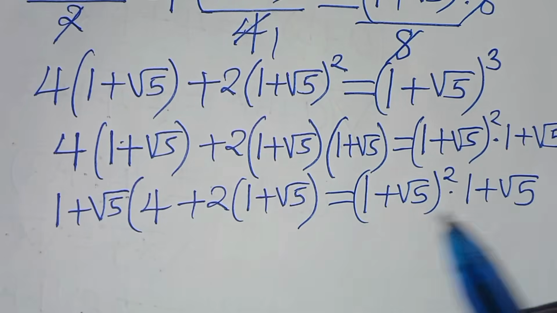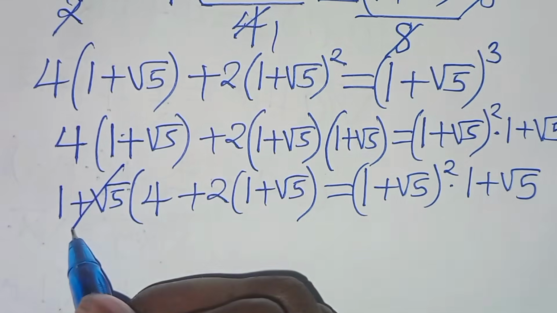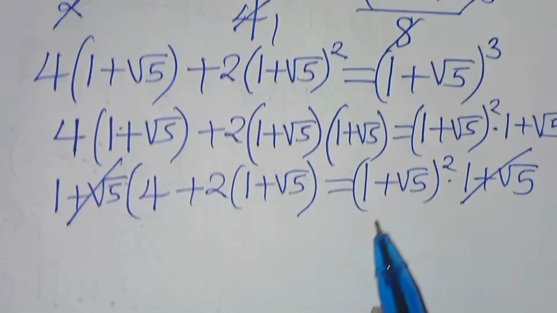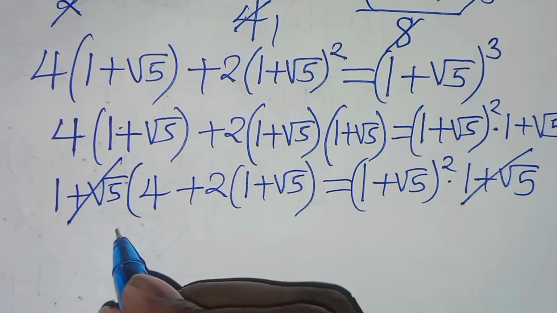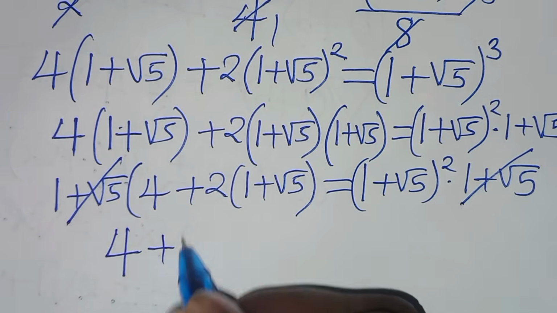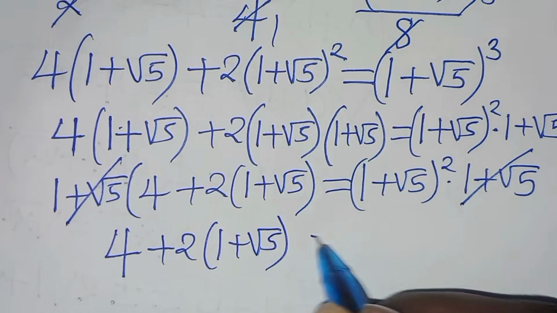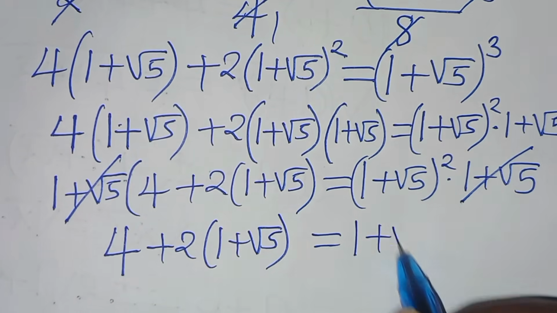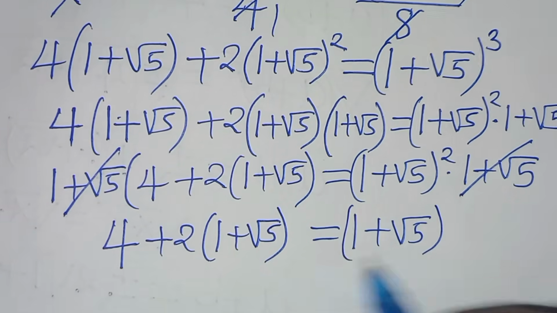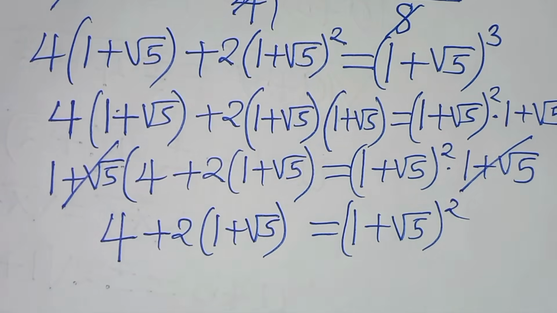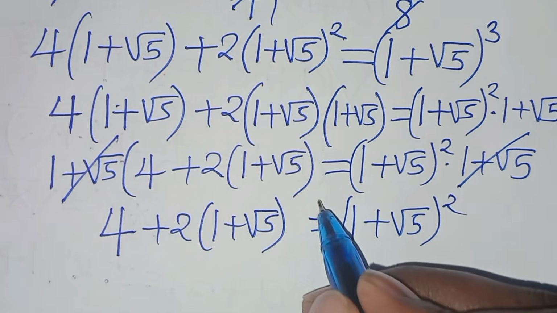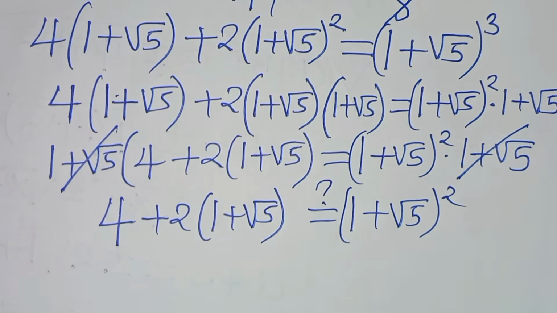So the next step from here, let's simplify 1 plus square root of 5 from here. And this implies that on the left hand side we have 4 plus 2 times 1 plus square root of 5. This is equal to 1 plus square root of 5 raised to the power of 2. So let's check if the left hand side is equal to the right hand side.